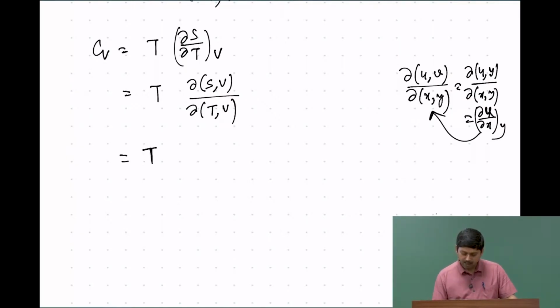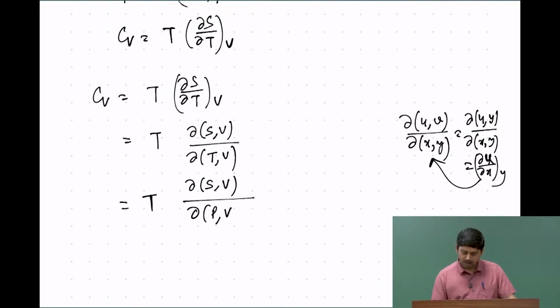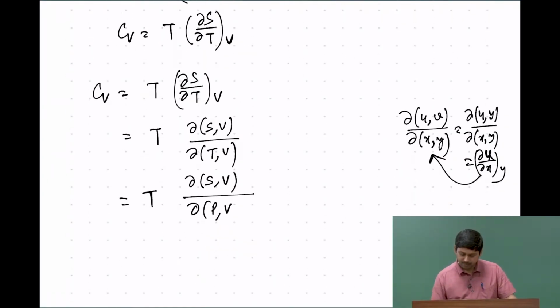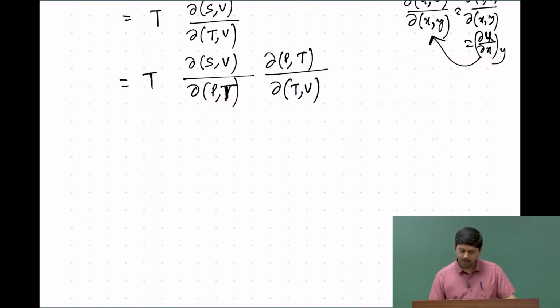Now, once we have that, we need to bring in P, T, because we also need to bring in P for the reason that the Cp term involves a P. So, we need to bring in del (P, T). We got del (P, T) here, and then we have to multiply with it, and we have del (T, V) already here.